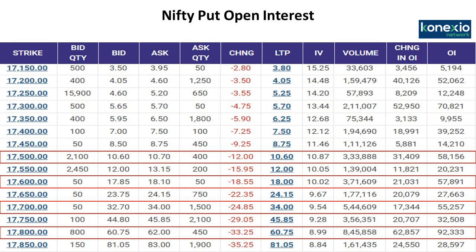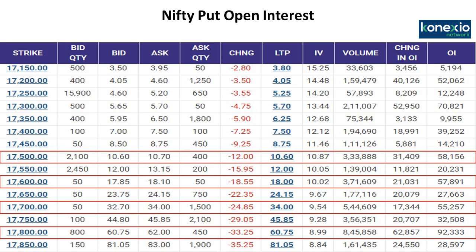But on immediate basis, looking at this volume and open interest, I feel that the support might come between 17,750 to 17,700. Until and unless 17,700 is breached on closing basis, I don't think Nifty might see a sharp correction.